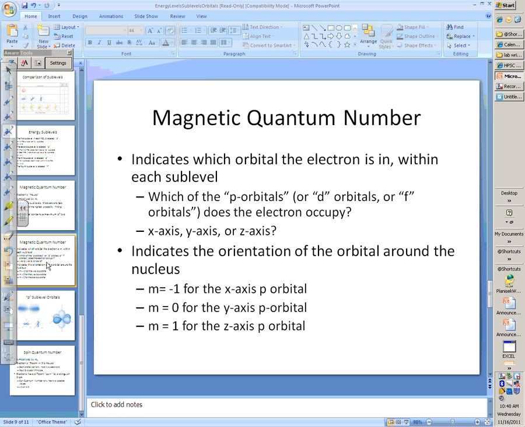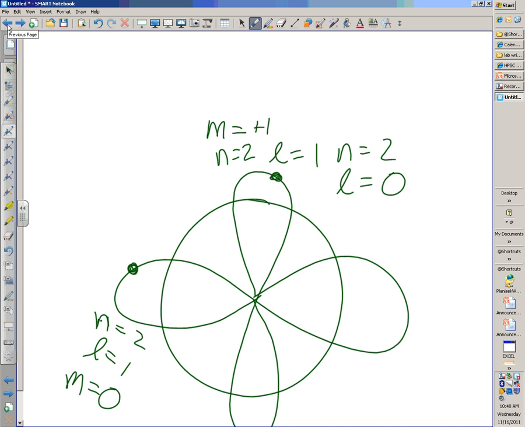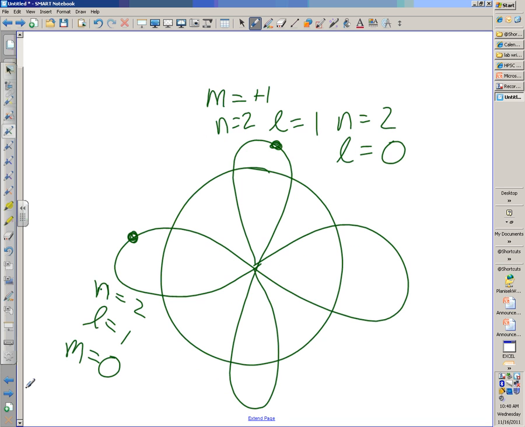Alex, can you go back to the picture that you drew? Okay. How about if you kept the electron that is right there, but then you put one that's in n equals 2, but l equals 0?